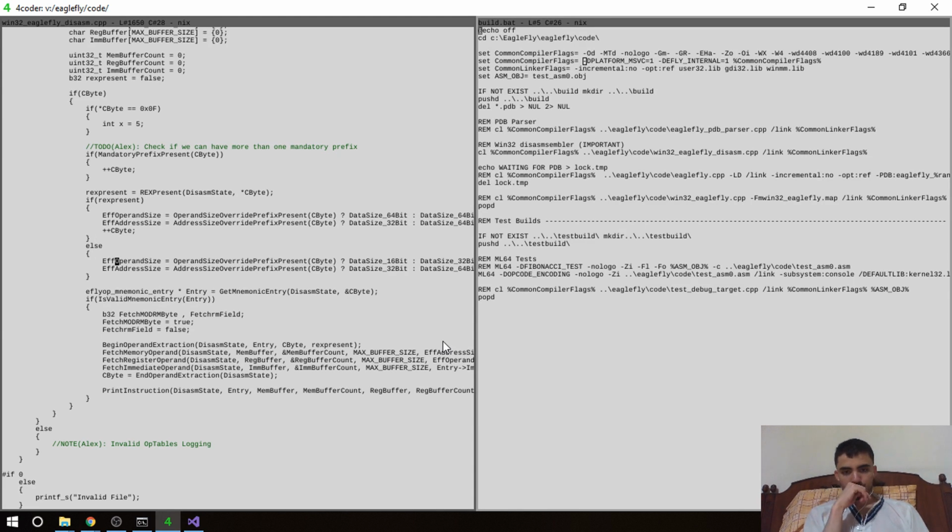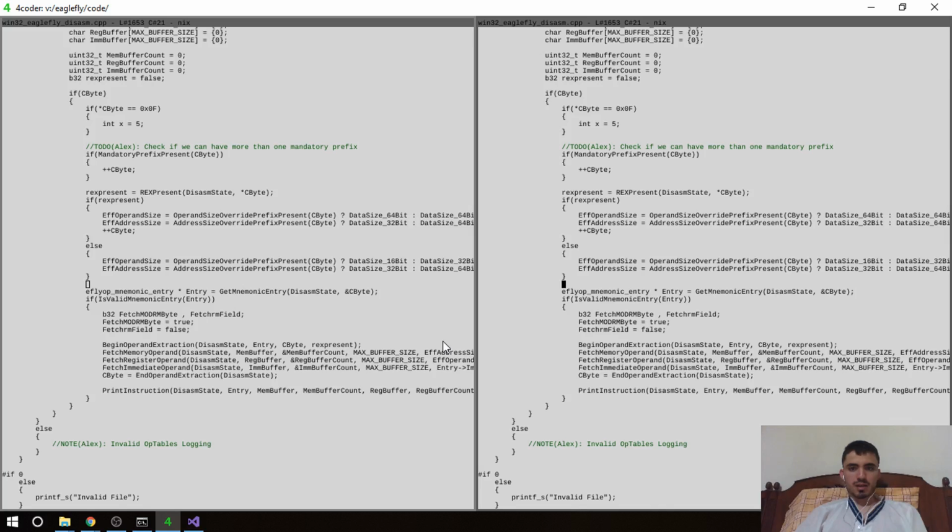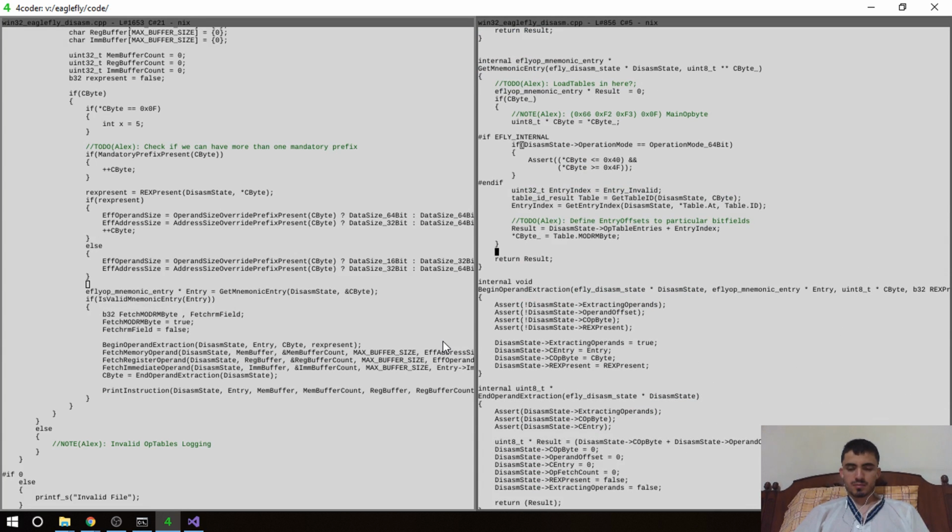Now there are some instructions that are not encodable, so probably we want to say that here. We don't add it to the table.